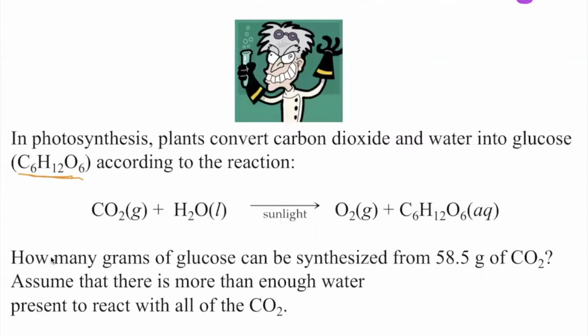You should have a 6 in front of carbon dioxide. And you should have a 6, I believe, in front of water. A 6 in front of water gives me 12.